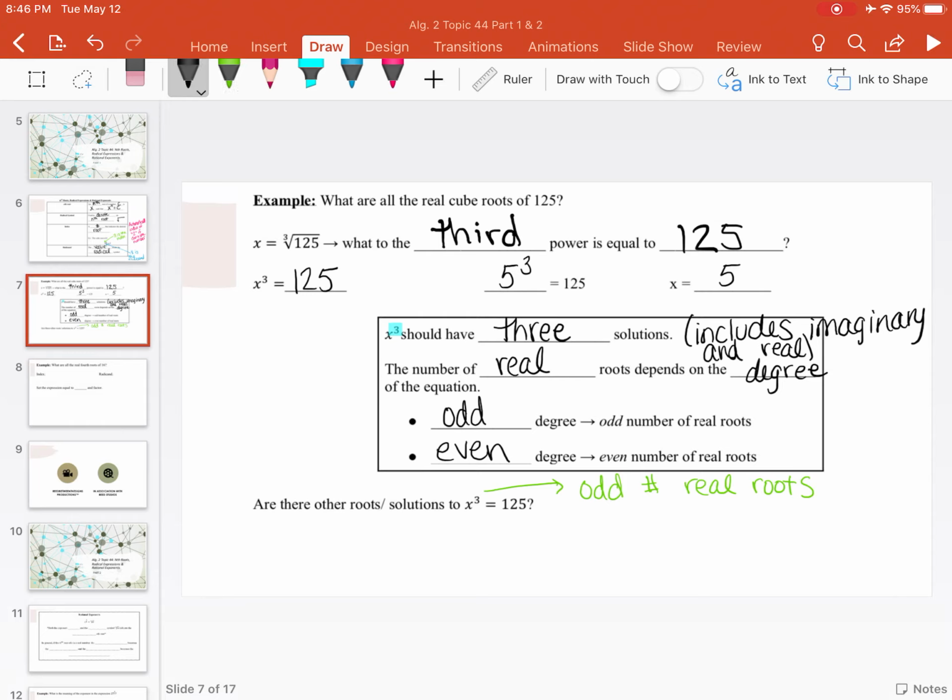So what we're going to do first is take x cubed equals 125 and set it equal to 0. In other words, x cubed minus 125 equals 0. Now this is a difference of cubes, so we can factor it.